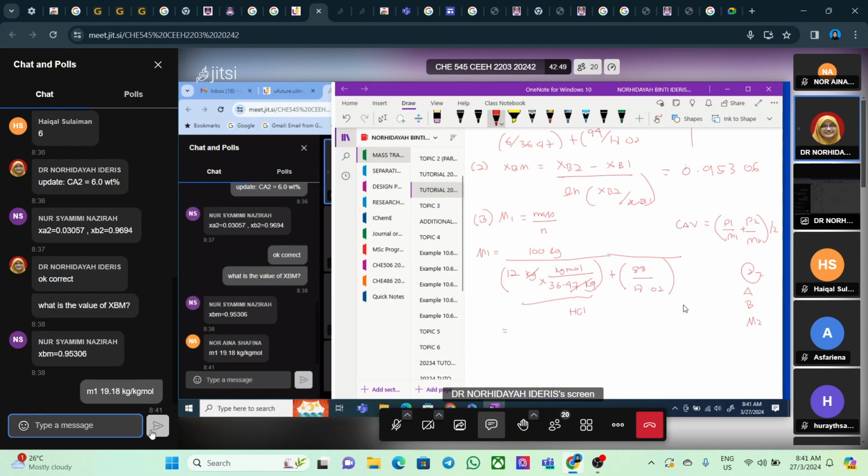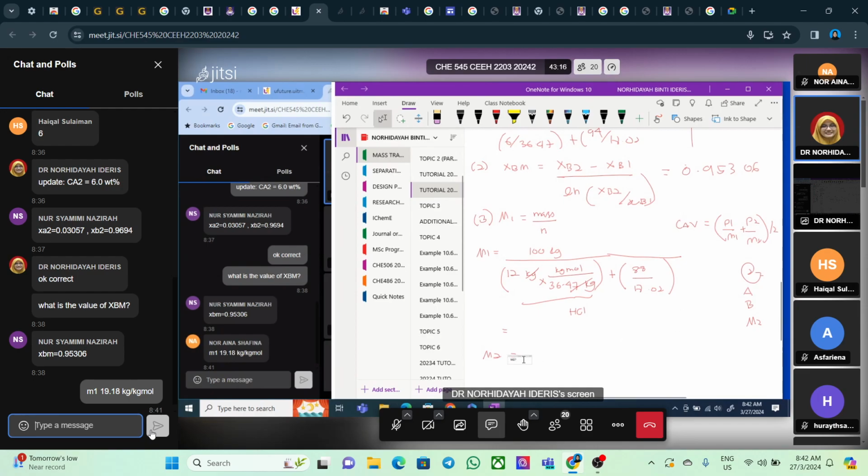Okay, now proceed with the M2. Berapa? Berat masih lagi 100 kilogram, yang berubah dekat bahagian bawah sahaja. Ikut berat komponen A dengan B. So, berapa M2?